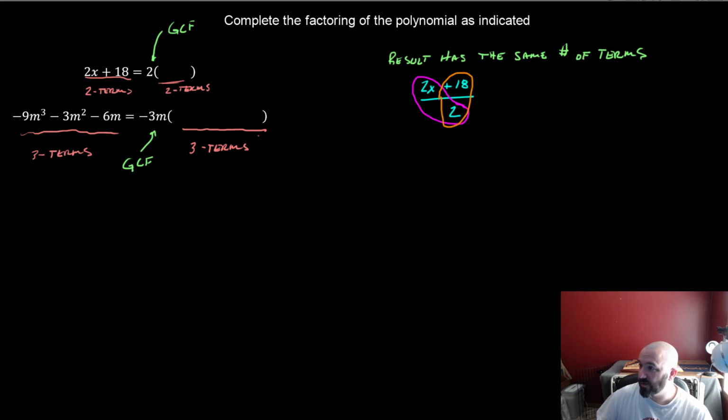So to start with the purple here, 2x divided by 2 is going to give us simply 1. It's 2 divided by 2 is 1. I'm left with x. On the other side here, in the orange, I have a positive 18. I divide that by 2, I get a positive 9. That piece, that's what goes in here.